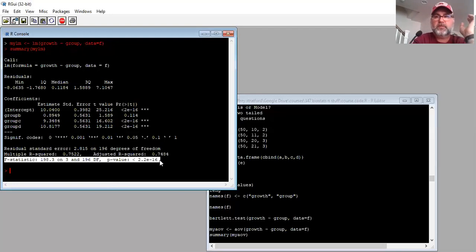So you can get an overall statistic with a linear model and some extra information as well. So again, the first thing you need to ask, whether you choose AOV or LM, is what is your question? Are you interested in all the extras, the bells and whistles?